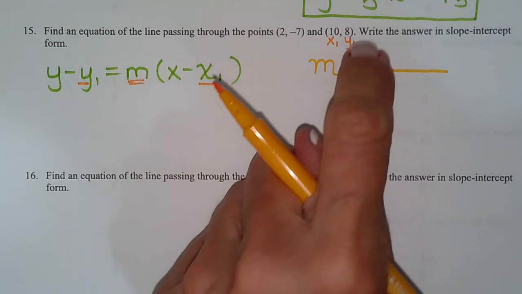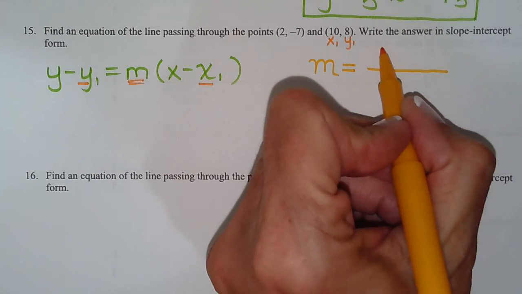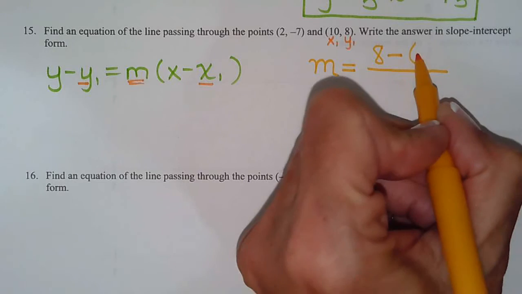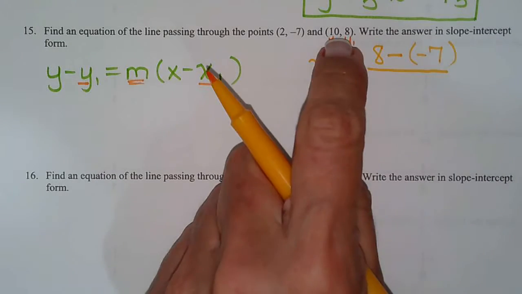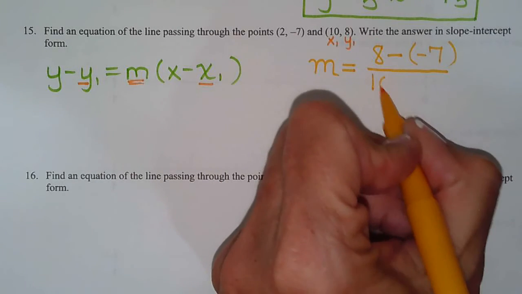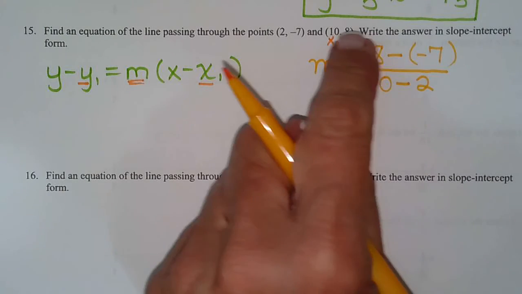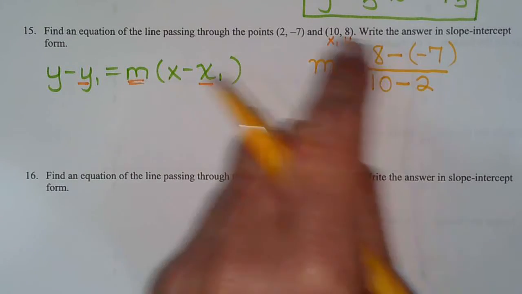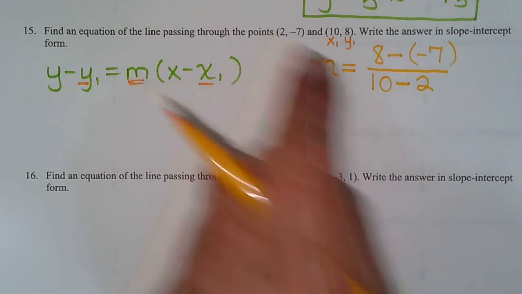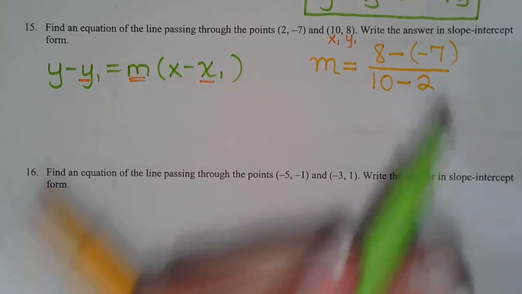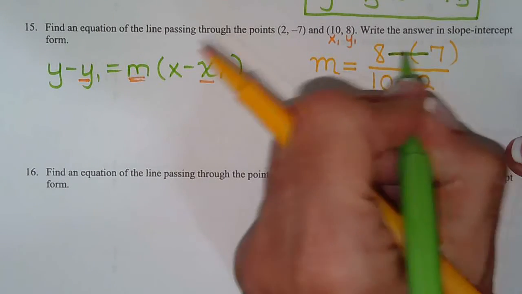So second y minus the first y, so 8 minus negative 7 over second x, 10 minus the first x, 2. So 8 minus negative 7, 10 minus 2, which is the slope formula. Double negative is positive.